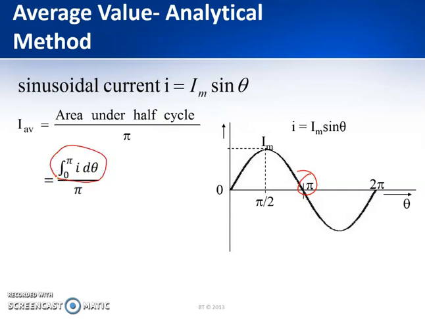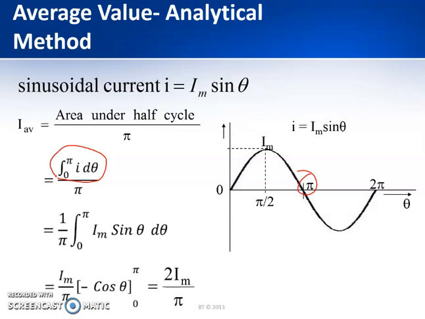In our earlier case it was i square, a square term, but here we are taking the waveform as it is. So it is i d theta divided by pi, where i is Im sin theta. With the simple integration, we get 2 Im divided by pi. Therefore, for a sinusoidal waveform, the average value is 2 Im by pi.